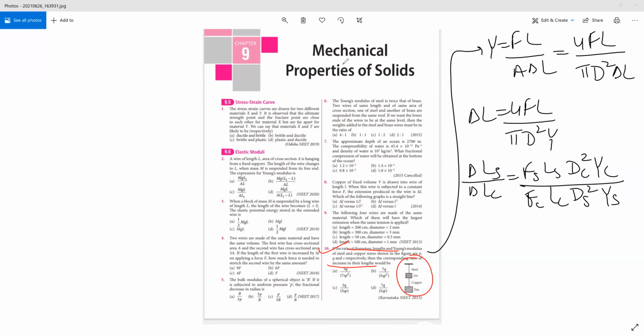So here S and C are the subscripts. C refers to copper and S means steel.